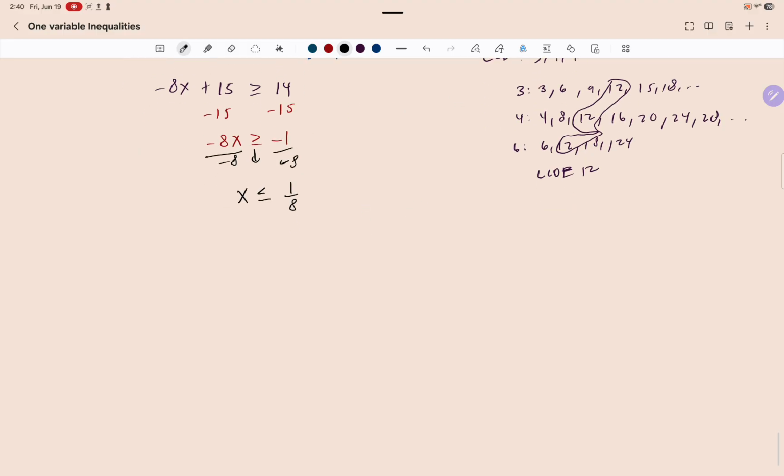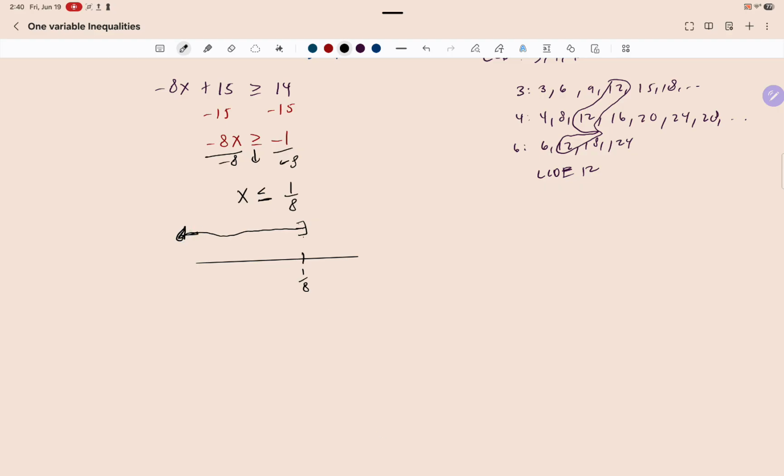Okay, and if I were to ask you to graph the solution, this is 1 over 8, and I want x's that are smaller than and equal to 1 over 8. And remember, numbers are smaller going this way, to the left of a number. So in other words, I'll write a bracket because this symbol here means I can include the 1/8.